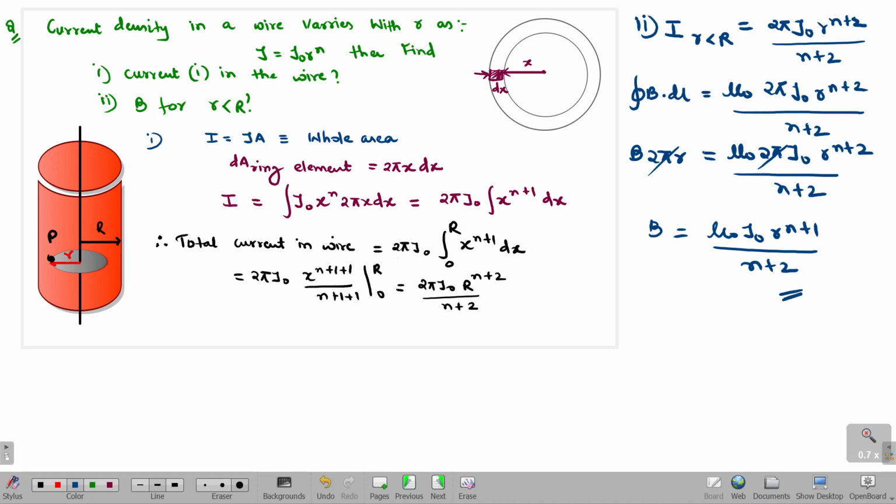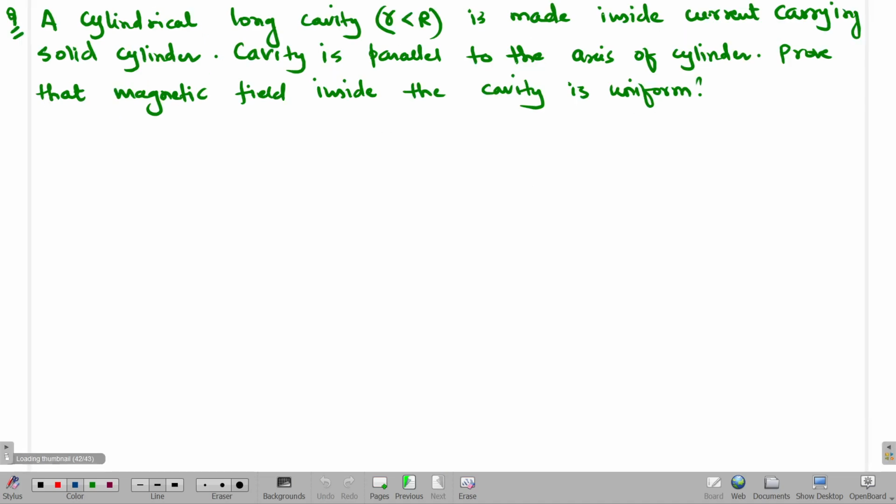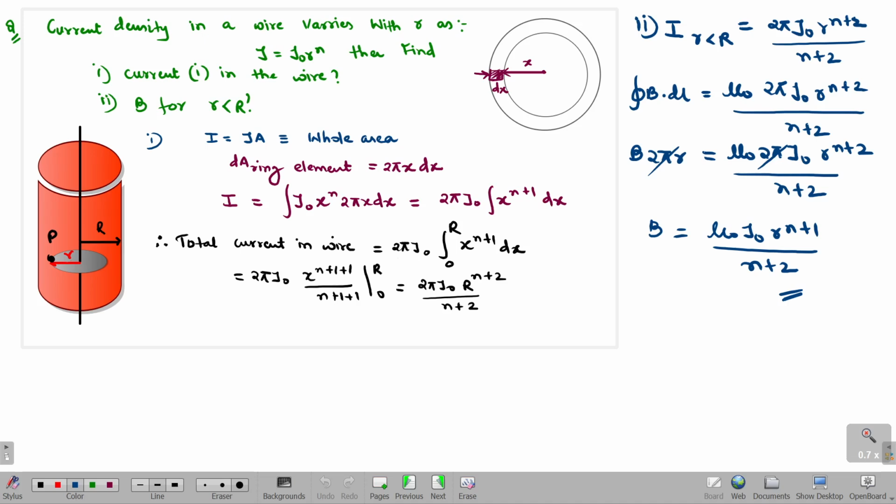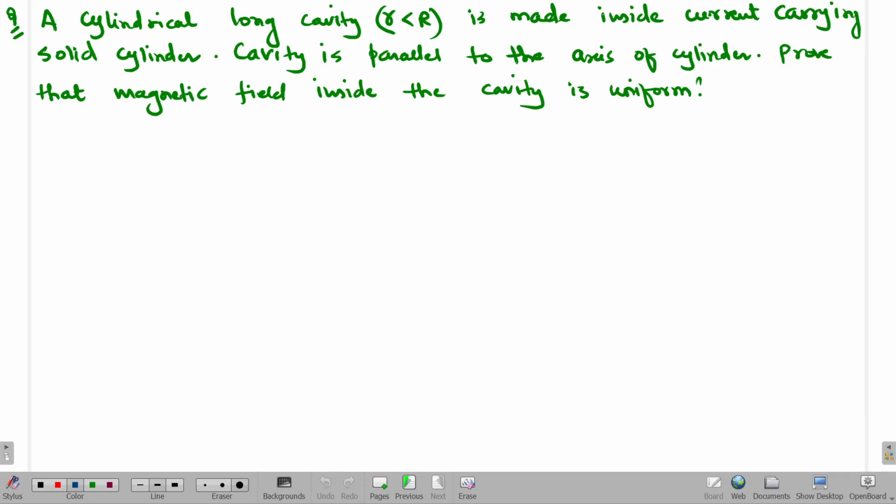Let me write it perfectly. Can you get it or not? That's your formula. Is it clear? So this is what you need to do. Every time whenever you get a question, try to solve it. Can I move ahead? Any doubt? Okay, move on to next.